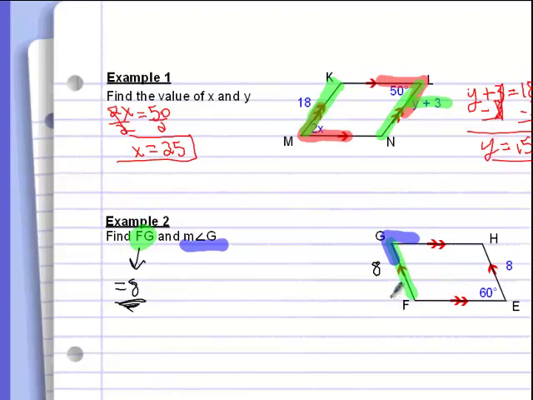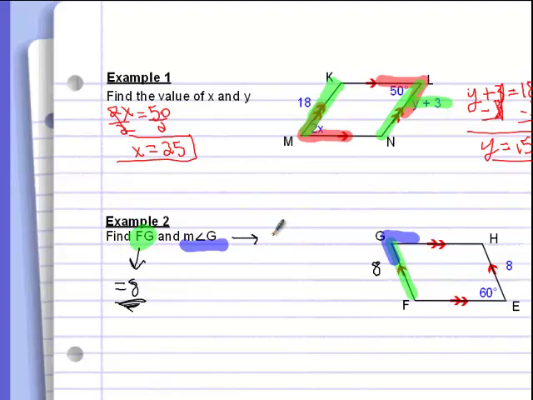I hope you're saying to yourself, FG is 8 because its opposite side, HE, is 8. And in a parallelogram, which you can see is parallel, parallel, parallel, parallel, this is a parallelogram, opposite sides are congruent. And congruent means equal. So if one side is 8, the other is 8. What about angle G? How much is angle G?